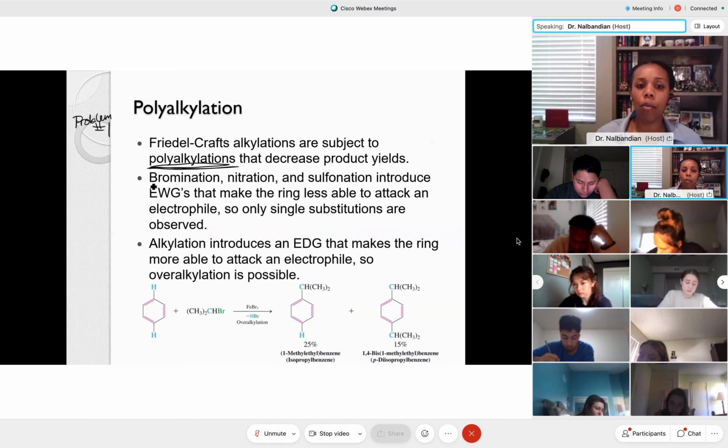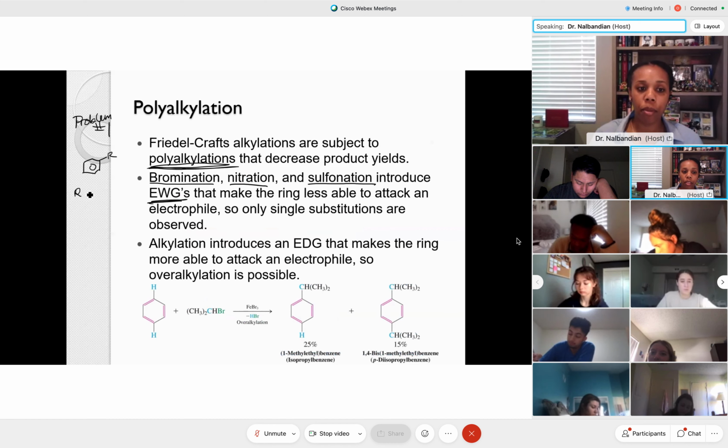Well, when we did the bromination, the nitration, and the sulfonation, we were always introducing an electron withdrawing group. So we were having attached to the benzene ring, we'll just call it R, where R could be bromine or chlorine, where R could be NO2, or R would be that SO3H. For all of these groups, these are all electron withdrawing groups.